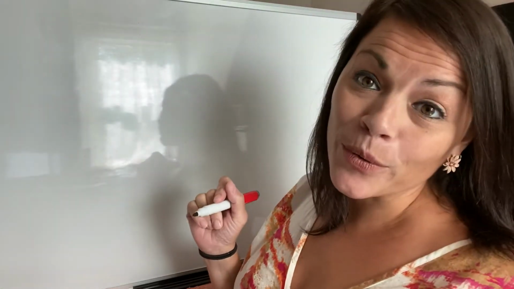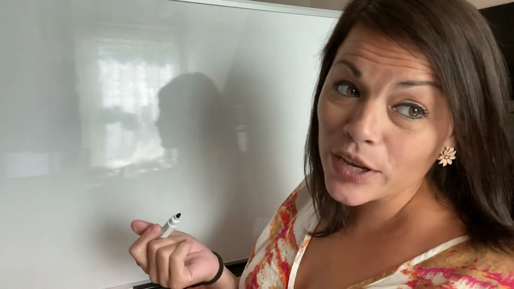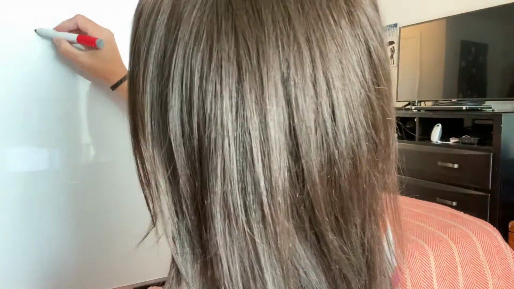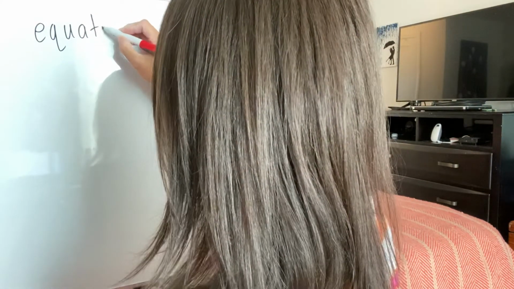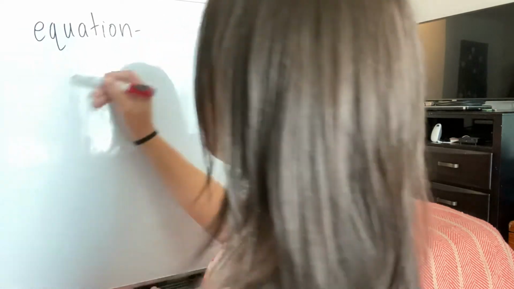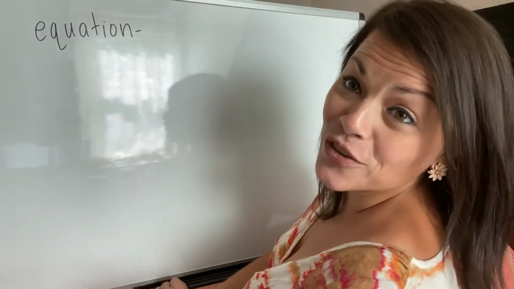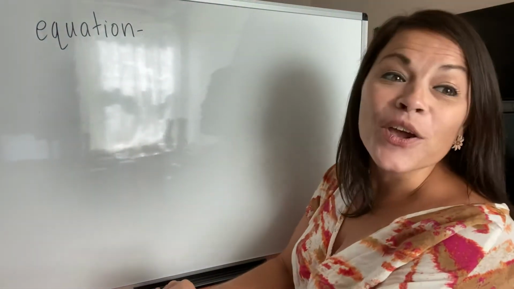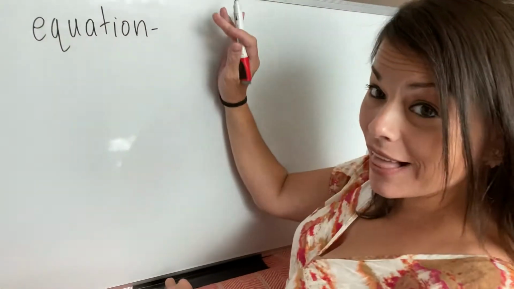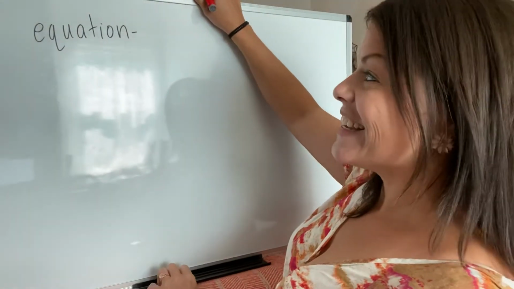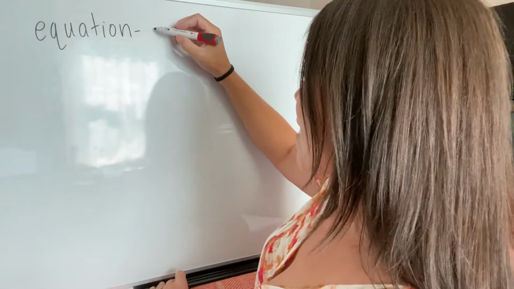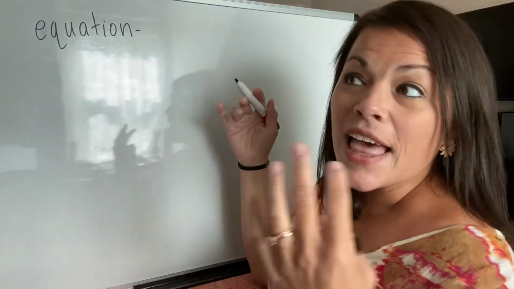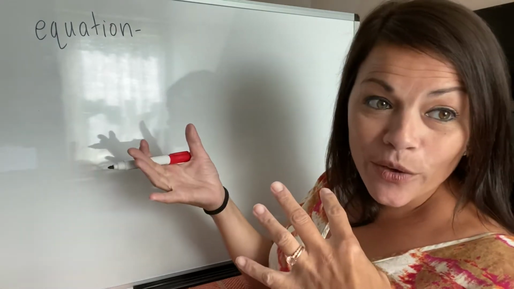The first word we're going to review is the word equation. As you can see, the beginning of the word equation has that EQUA, which is part of the word equal. And equal is what an equation is. An equation is a math term that means what is on the left is equal to what is on the right.